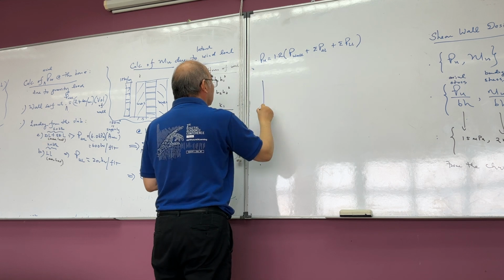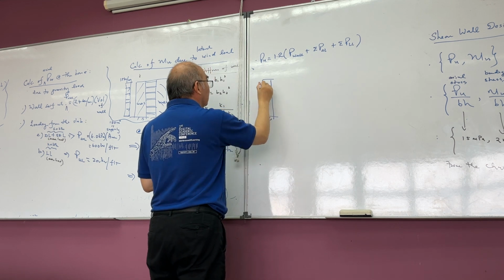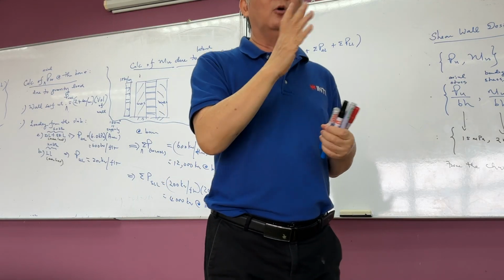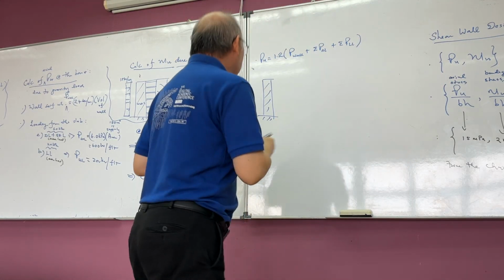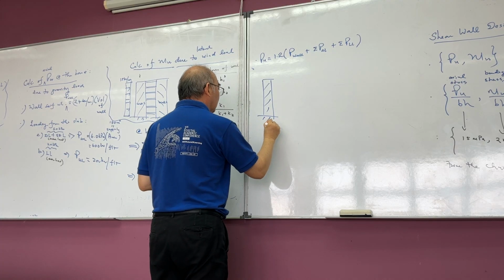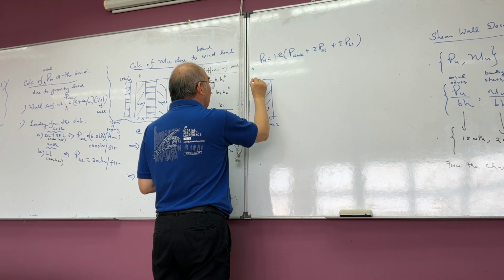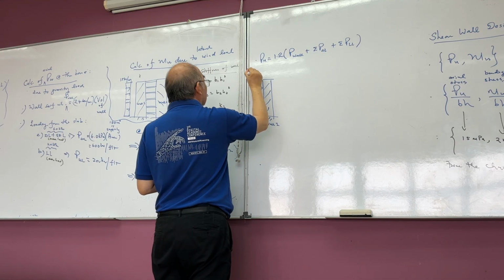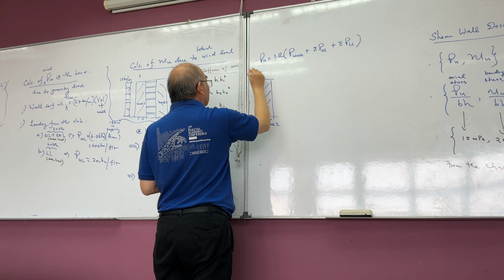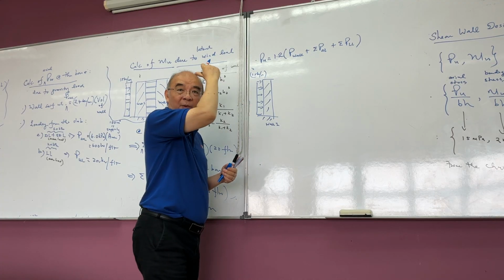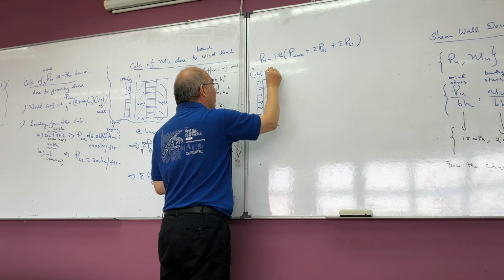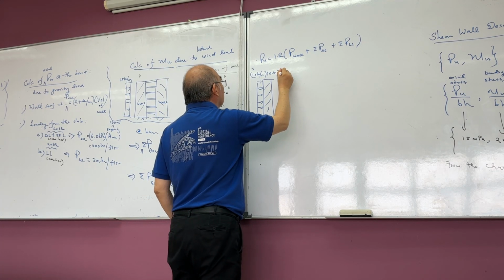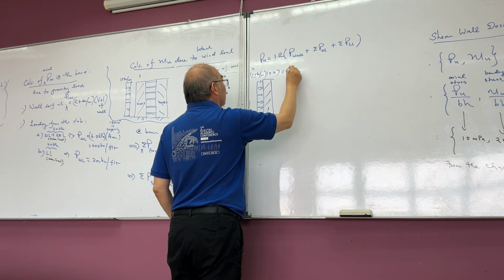So now, let's say I ask you to design just one wall only, wall 1 or wall 2. Let's say I ask you to design wall 1. Let's say this is 15 kilonewton per meter. Let's say wall 1 receives 40%. So you multiply by 0.4. Get this one, equal to 6 kilonewton per meter.